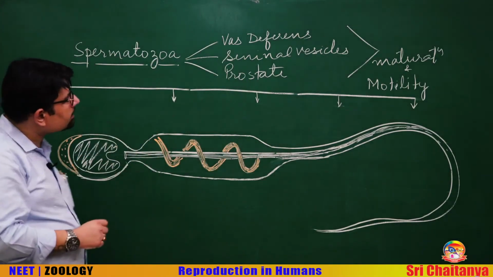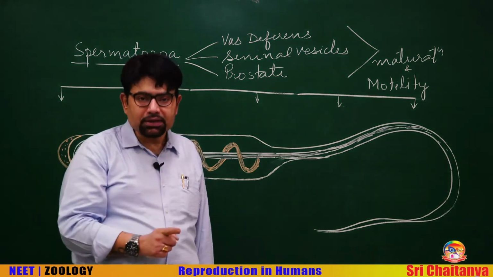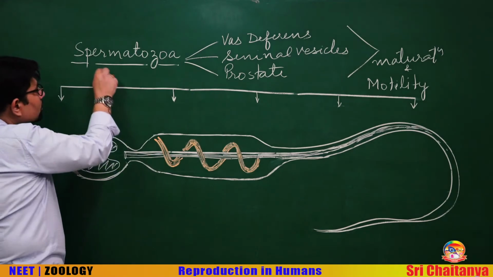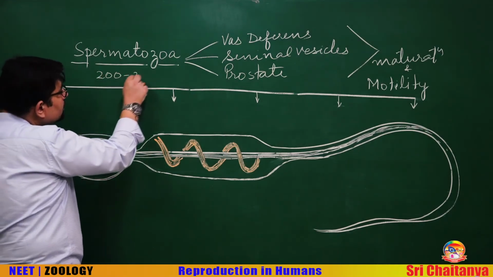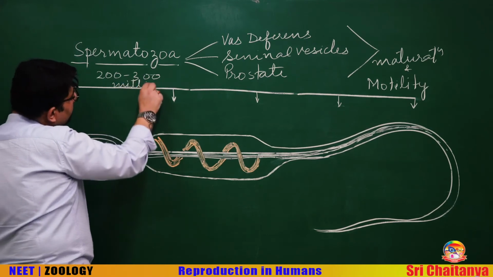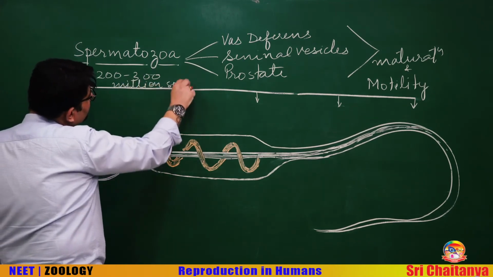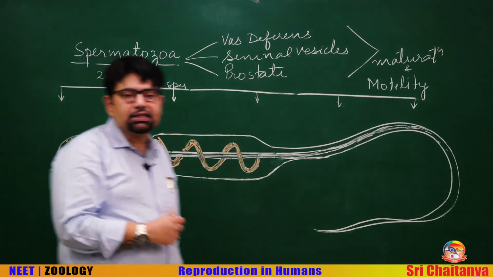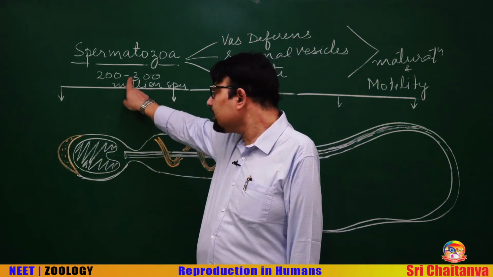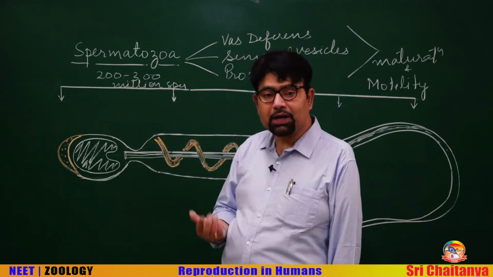Please note that in one ejaculate, a man releases around 200 to 300 million spermatozoa.